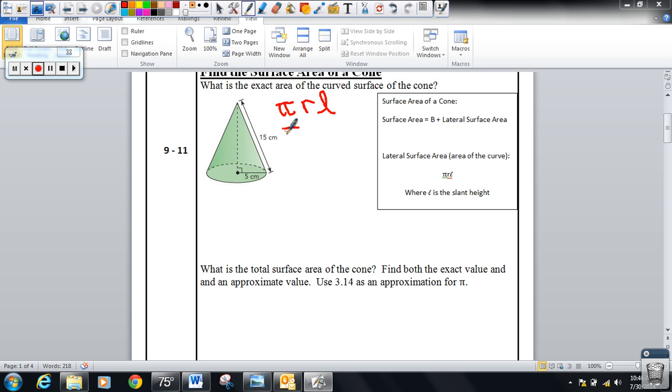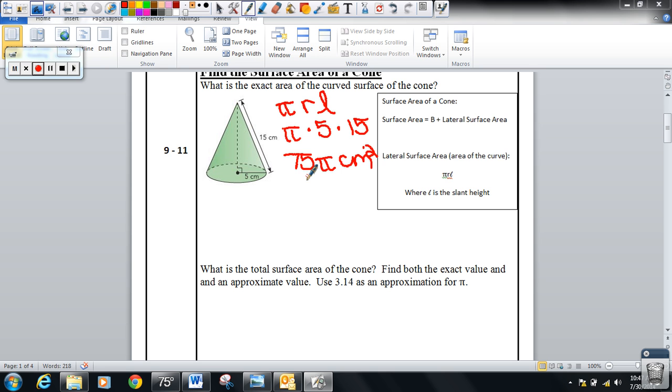So I have pi, my radius is 5, my slant height is 15. So if I multiply and simplify, that gives me 75 pi, and since it's area or surface area, it's square units. So that is just for the curved surface.